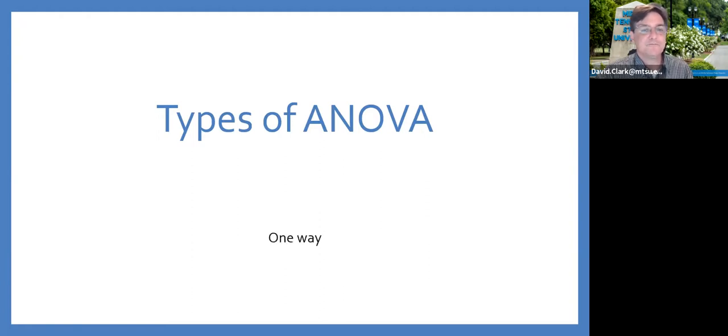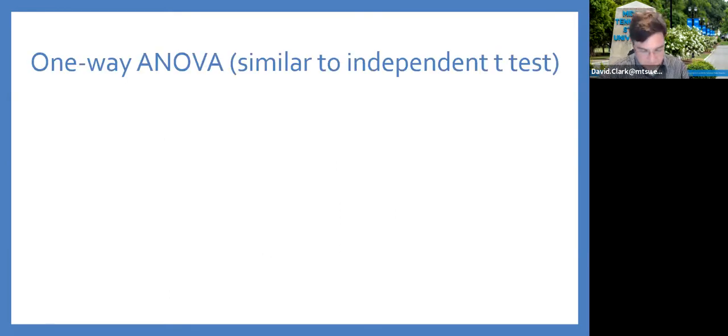Page 2. There are 2 types of ANOVA. There's the one-way and the repeated measures. That's all we're going to do, one-way and repeated measures. You're at the top of page 2 here.